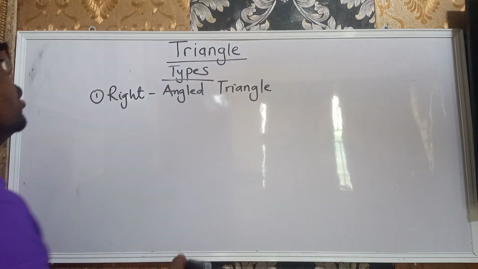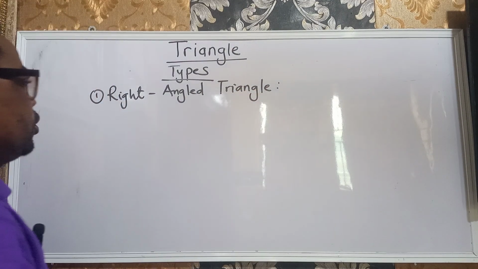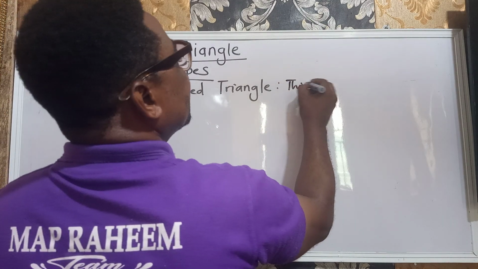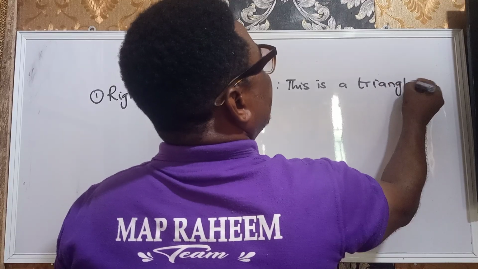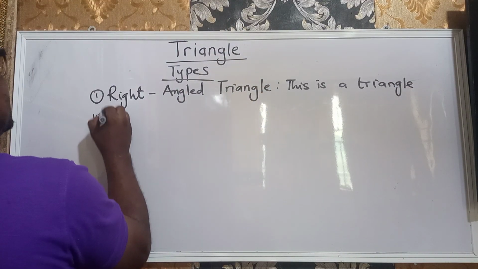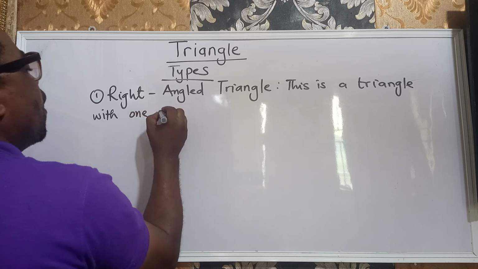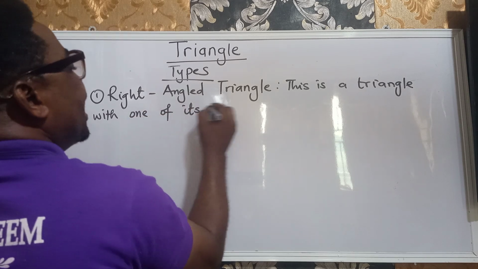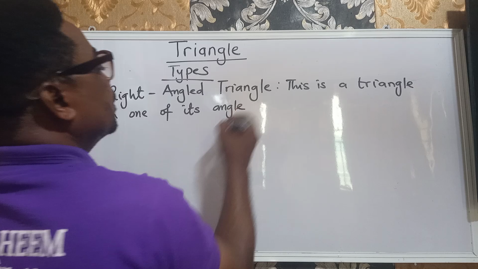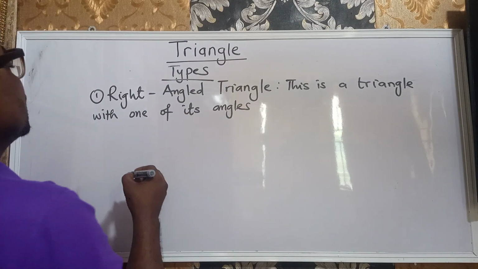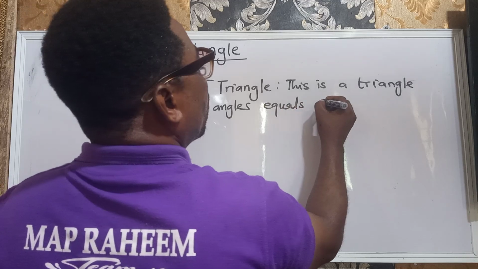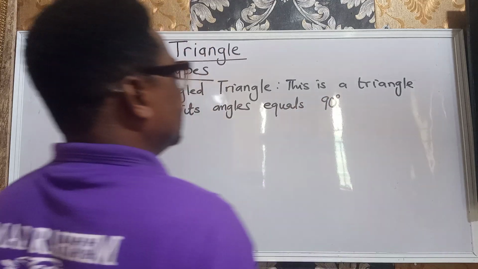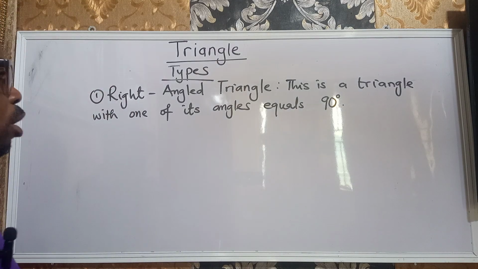This is a triangle with one of its angles equals 90 degrees.